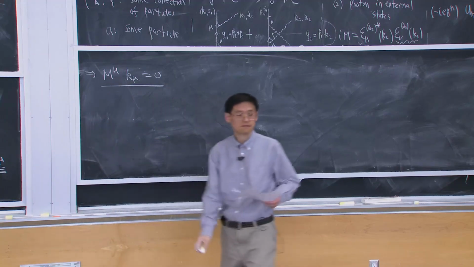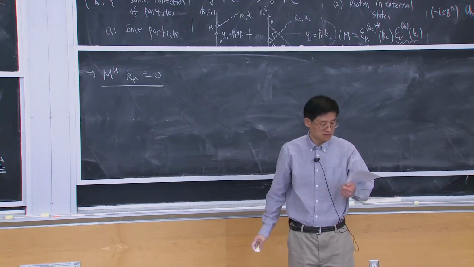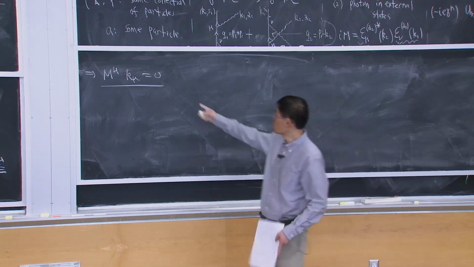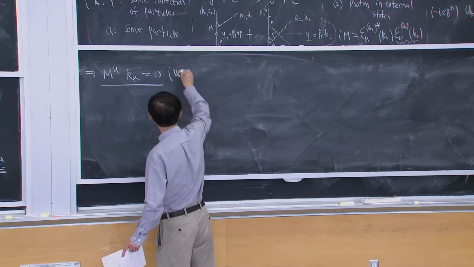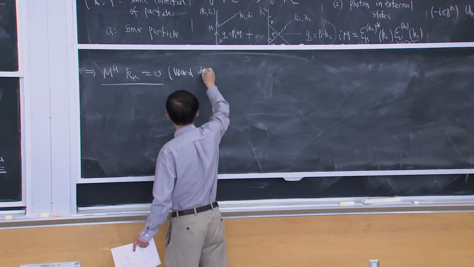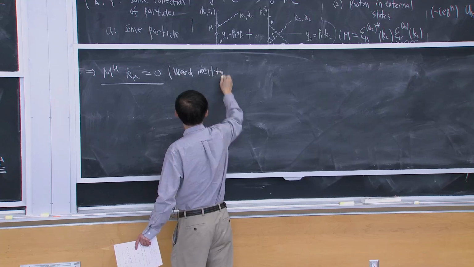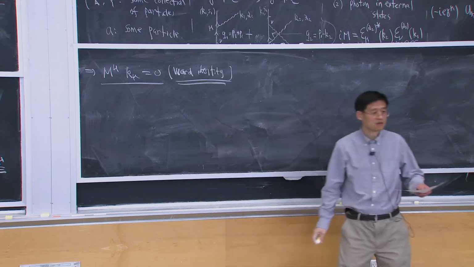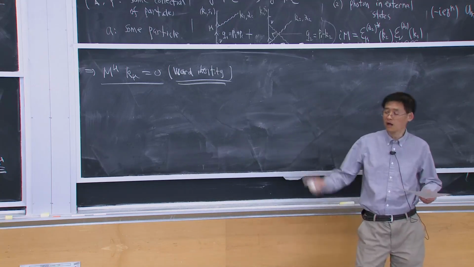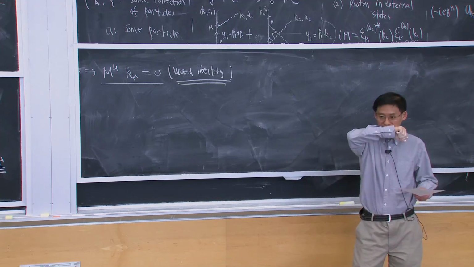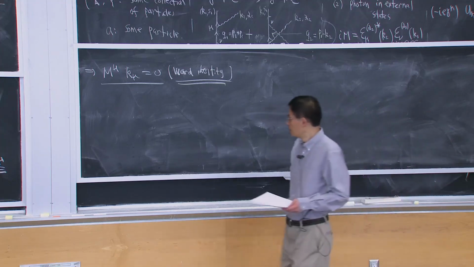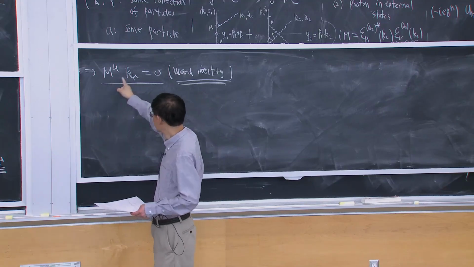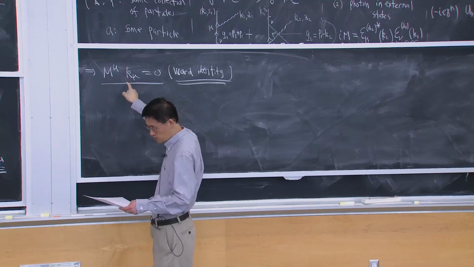And this is a very important identity. This is called the Ward identity, because it is a very important feature which can simplify your calculation a lot. So M mu must satisfy the feature that when it contracts with k mu, you get zero.